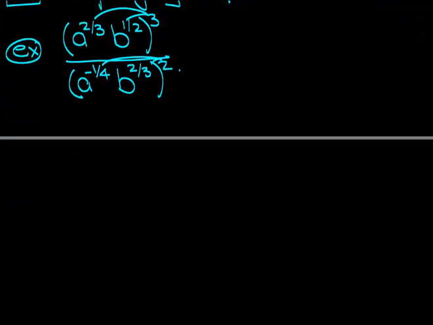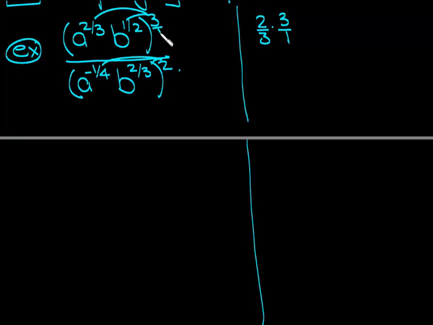So you take 2/3 times 3. You'll have to do a lot of work on the side in these problems. If you take 2/3 and multiply by 3 over 1, the 3's will cancel, so you just get 2. So we get a raised to 2. Then you take 1/2 times 3, so you get 3/2.